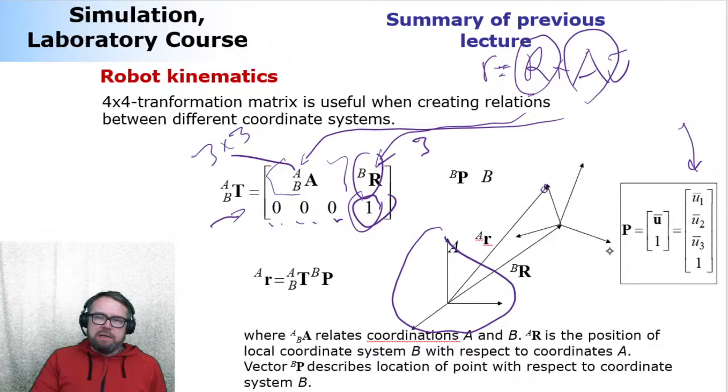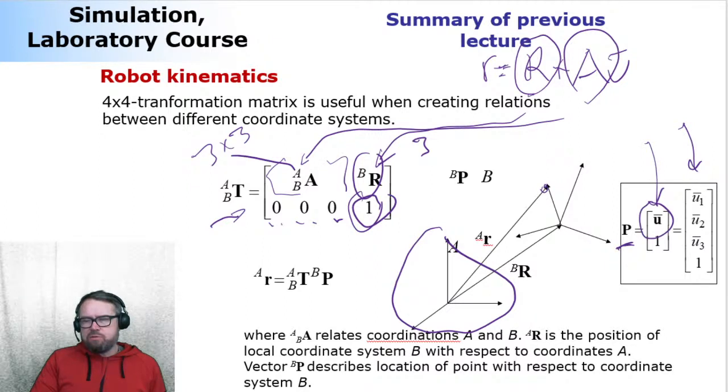It's called vector p. Now vector p is a function of vector u bar, as vector u bar occupies the first three components of vector p, and the final remaining component again is set to be 1. And that's it.